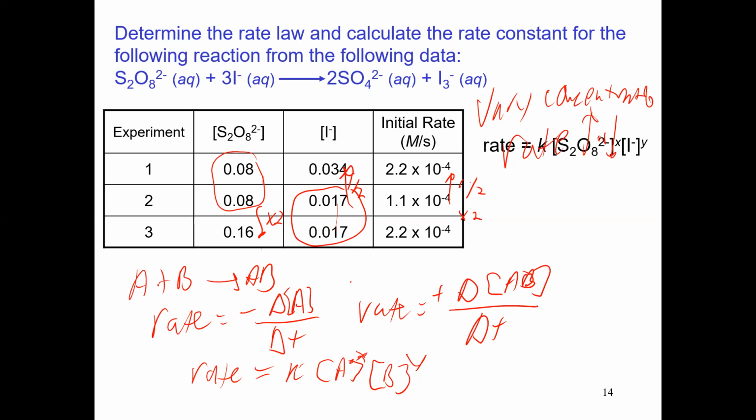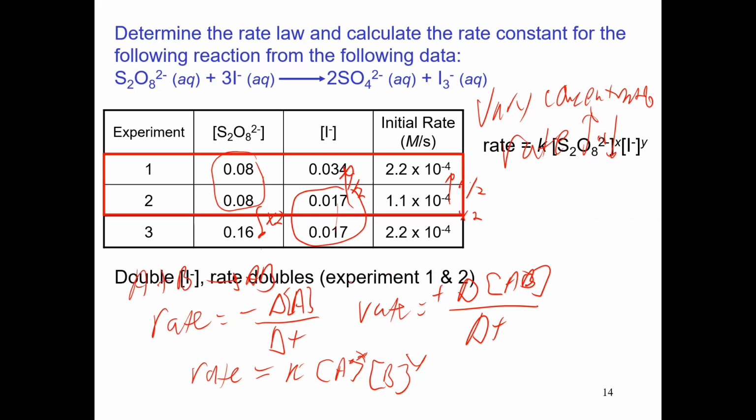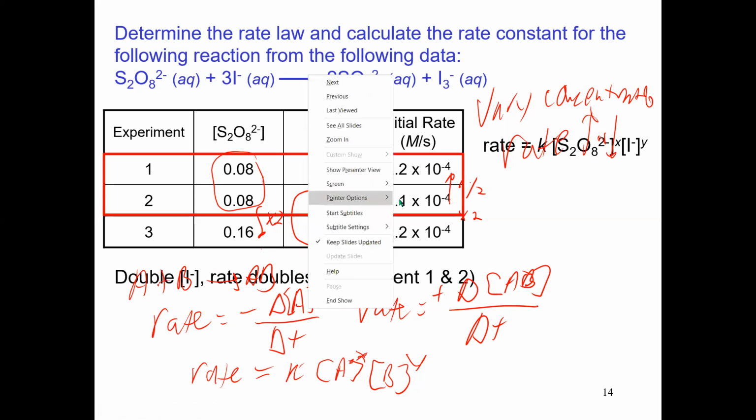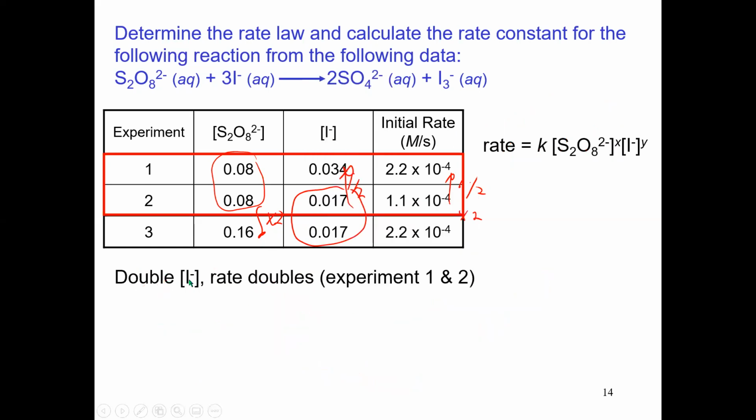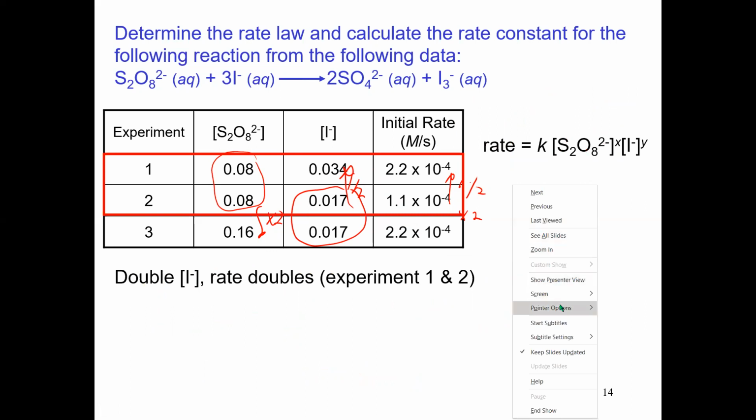So the rate there is equal to that; you double the rate associated with that. You have the I, and the rate doubles, essentially double the I there. The rate doubles between experiment number 1 and number 2.